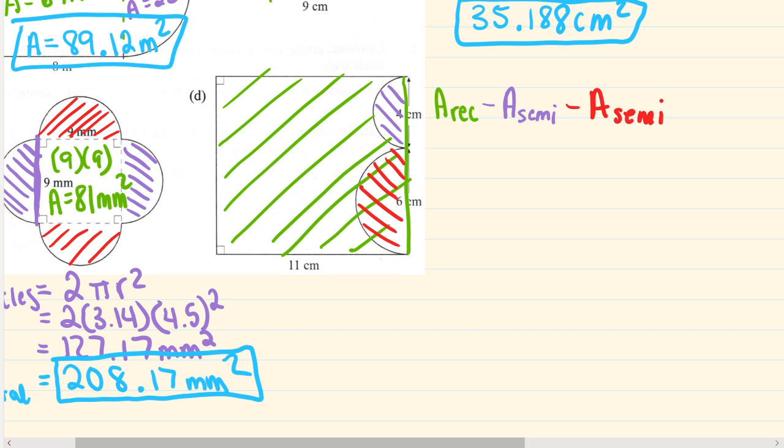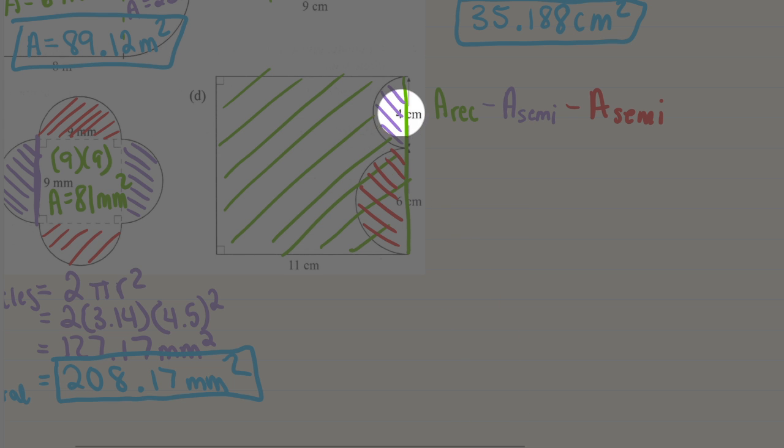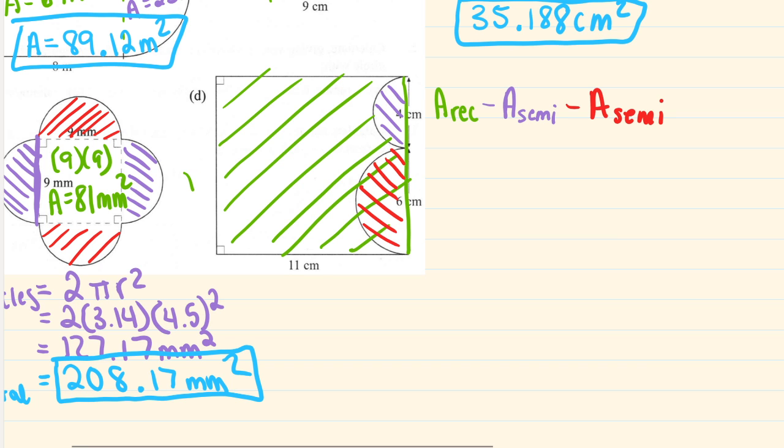Alright, so rectangle, just length times width. Ooh, but we don't know how tall it is, or do we? If the first semicircle is 6 and the second one is 4, as you can see right here, that's going to make 10. So it's actually 10 centimeters tall.